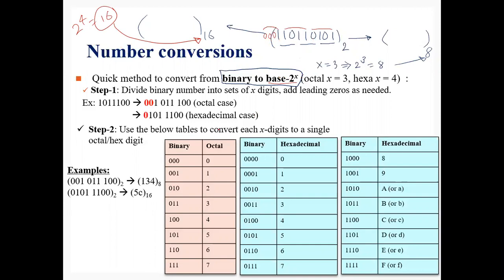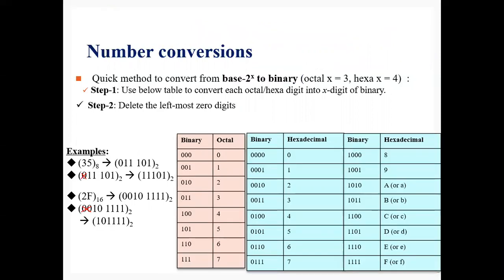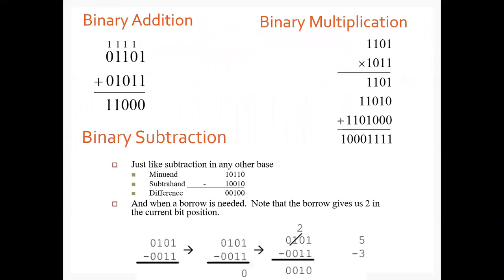This rule can be extended. That's what I'm trying to say here. This is the same thing, but in the inverse order, from base 2 to the x to binary.